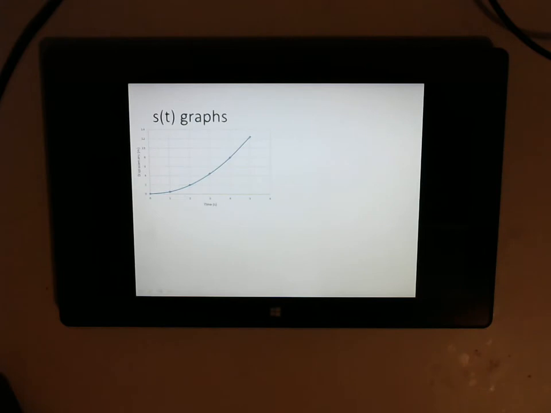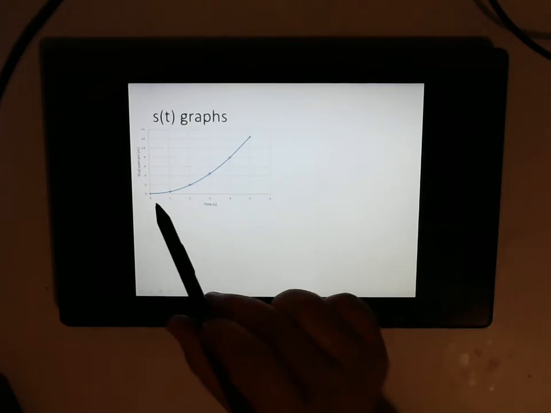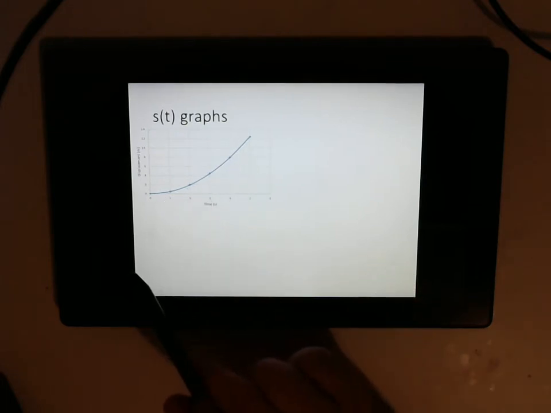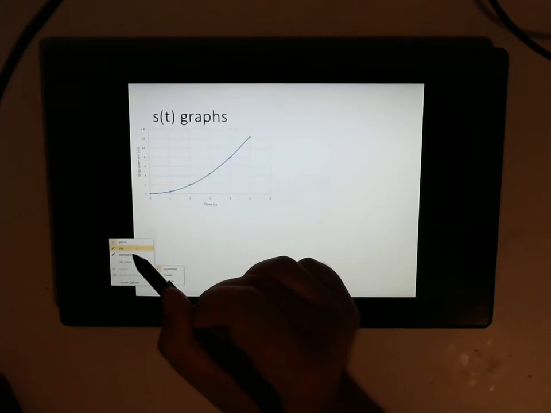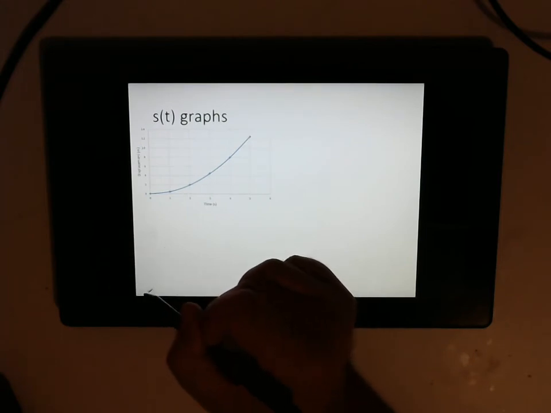So let's have a look at a graph like this. This is a bit more similar to what we would have seen in the lab, and we can see here that it is a curved graph. So that's going to tell us that the gradient's not constant, because the gradient at each of these points will be different. In fact, I will draw a couple on here.